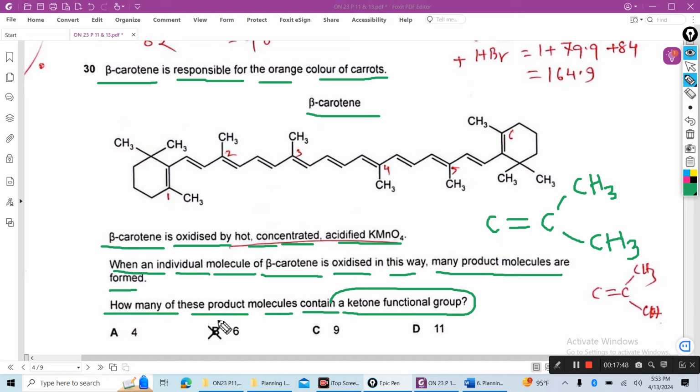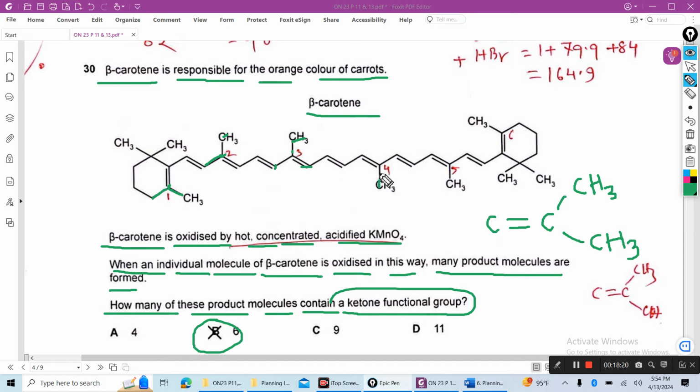So here the answer is 6. Why? You see, this carbon contains a methyl group, so one ketone, and this carbon is not methyl, only carbon, so 2. This carbon methyl and methyl, so 2, and 3, now this carbon methyl, also another carbon methyl.